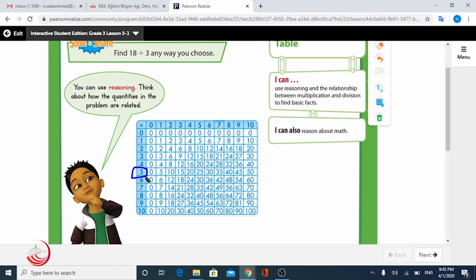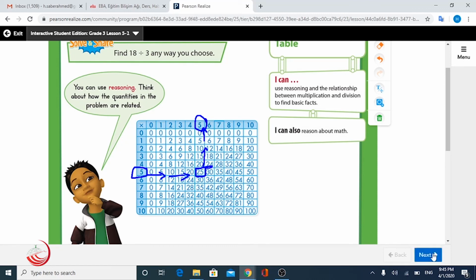The product is 25, so I'll go across this row until I find 25. Once I found 25, I'll go up in the same column to find the second factor, or the missing factor, which is 5.